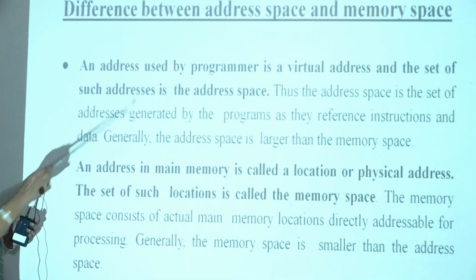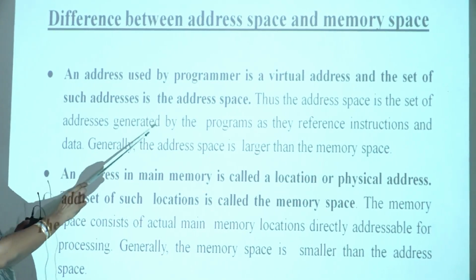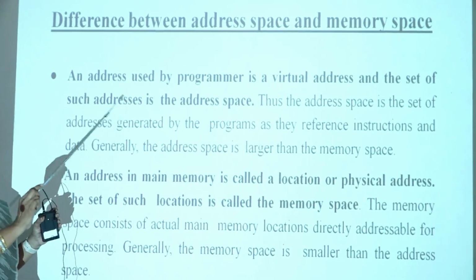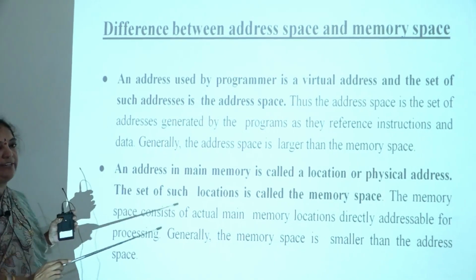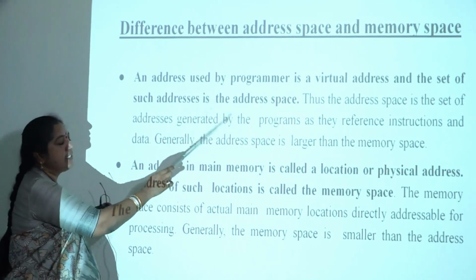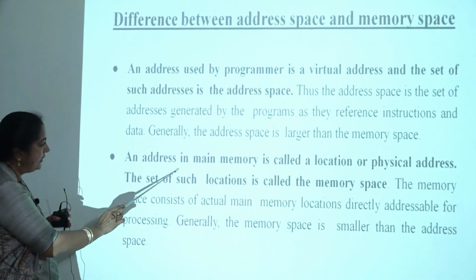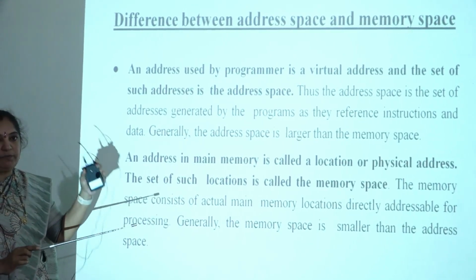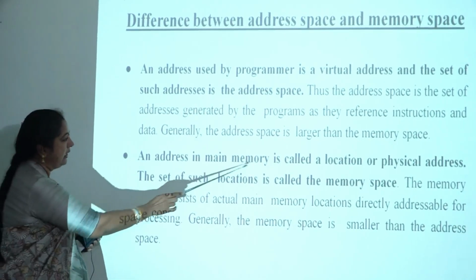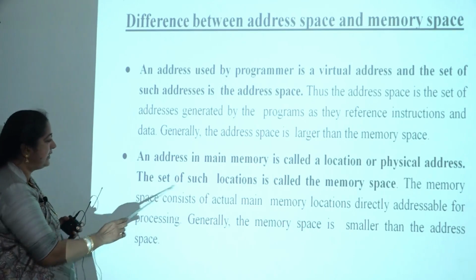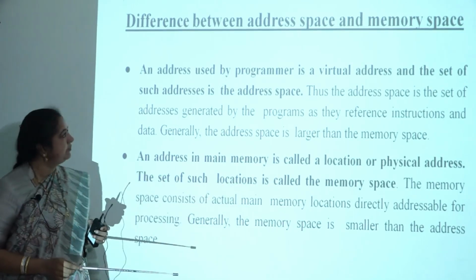The main difference between address space and memory space: address space is the set of addresses generated by the programmer or the CPU, so they are virtual addresses. In the same way, the actual physical location in main memory where you store is the physical address, and the set of such locations we call the memory space.